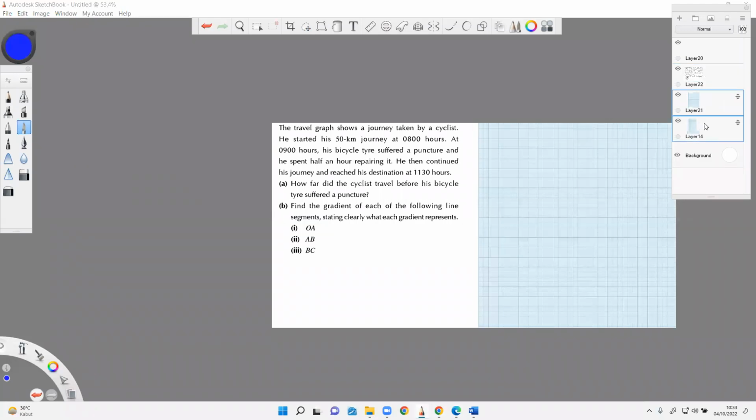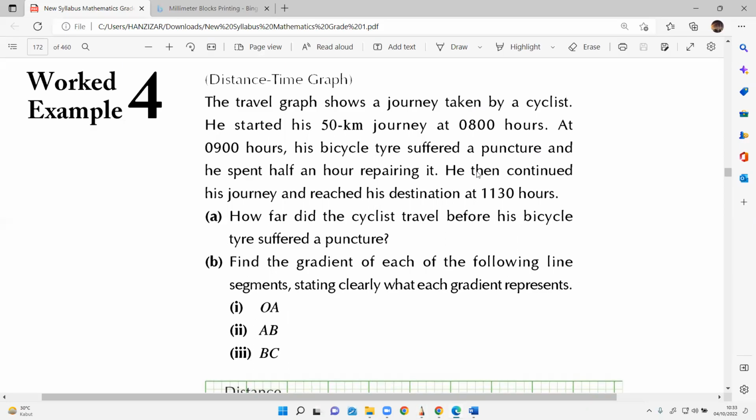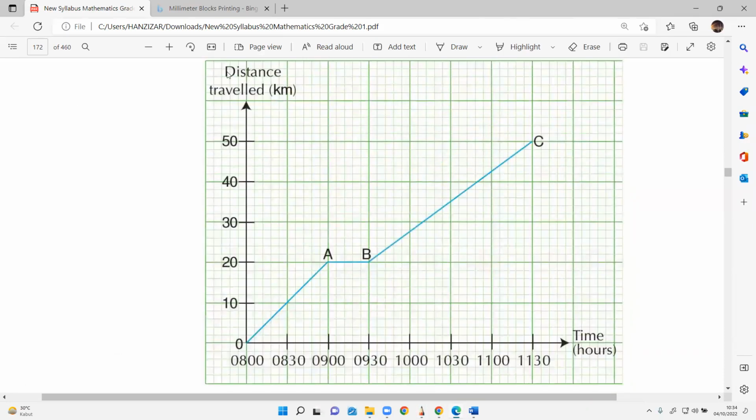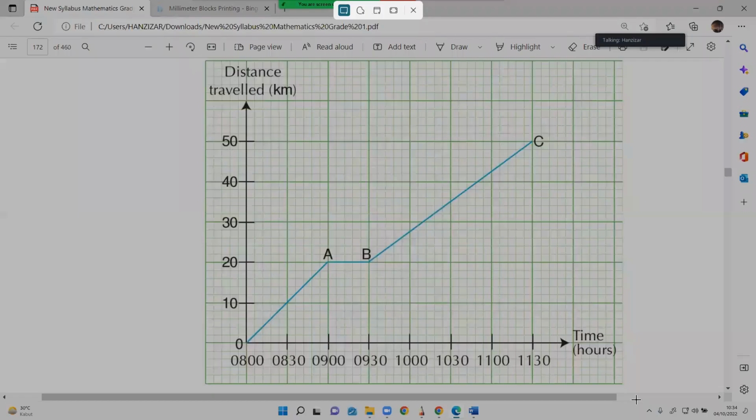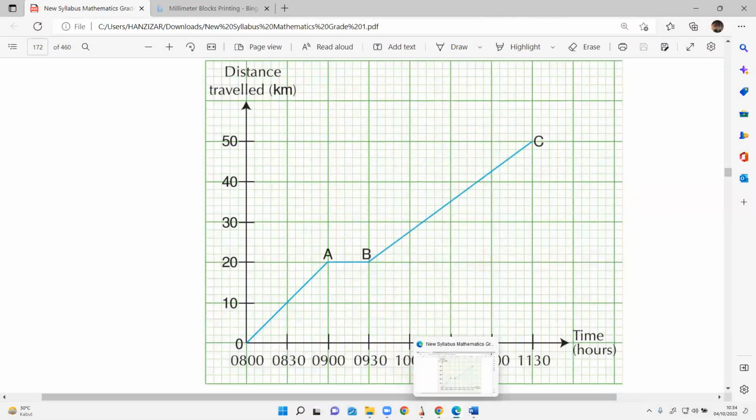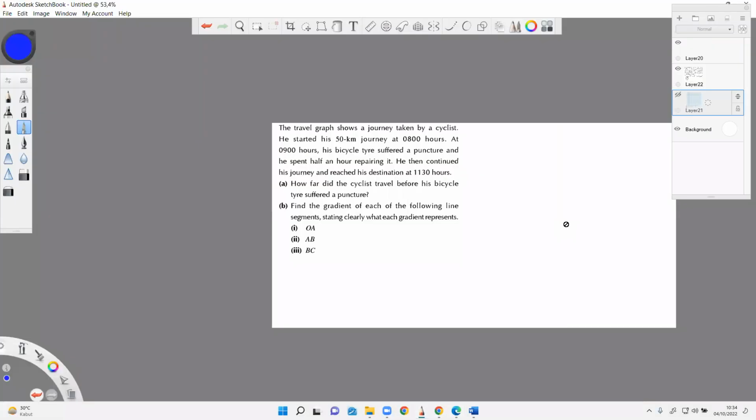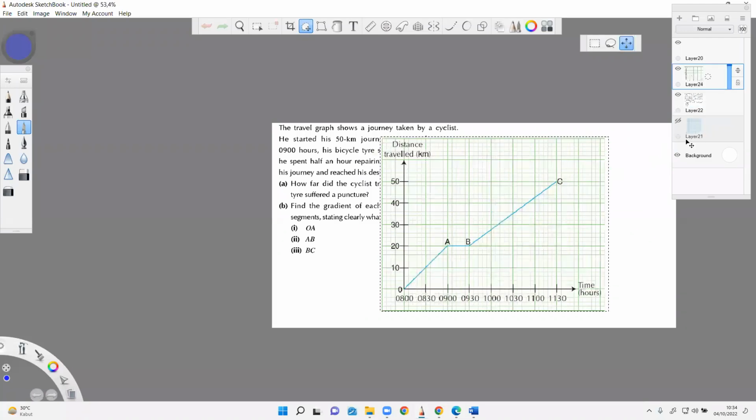We don't have to use this at all, so we just left it behind. And then the travel graph is shown like this. Okay, so look at this graph very carefully.